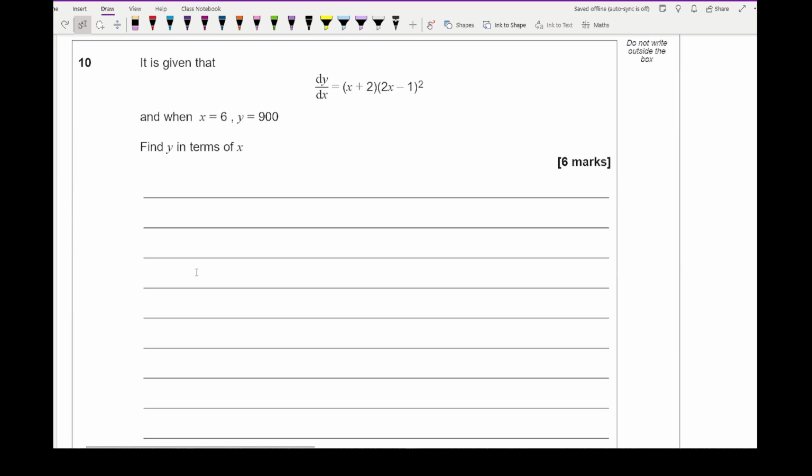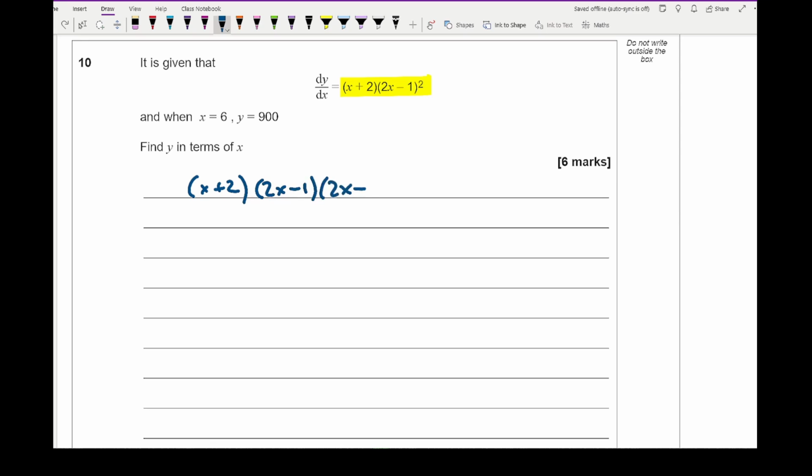Moving on to question 10, it says it is given that dy over dx equals (x plus 2)(2x minus 1) all squared, and when x equals 6, y equals 900. And the question is asking us to find y in terms of x. So the first thing we need to do for this particular question is expand the brackets. So what we end up with is (x plus 2)(2x minus 1)(2x minus 1).